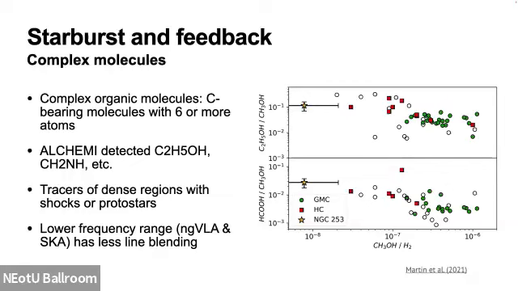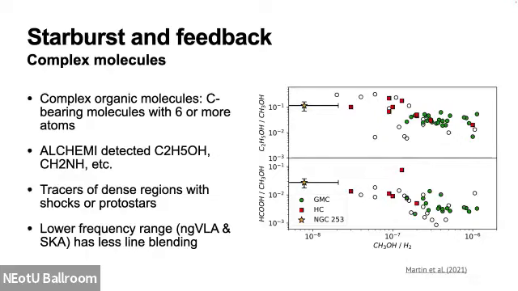The ratio of ethanol over methanol in the top panel is equivalent to that of galactic hot cores. Hot cores are protostellar sources. These complex organic molecules could originate from either shocks or hot cores, but because the ratios are similar to hot cores, we might be looking at hot cores with this ethanol.